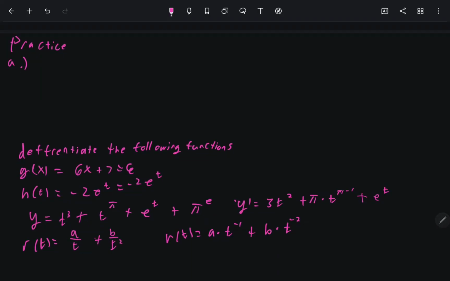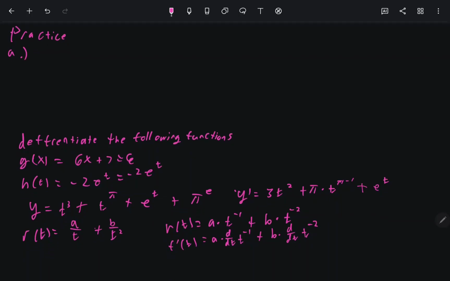Alright. Well, if we want to find r prime of t then, that's just going to be negative a to the t to the power of negative 2. Oh, wait, I should probably show my steps. I apologize. Negative a times d over dt of t to the power of negative 1 plus b times the derivative of t to the negative 2.